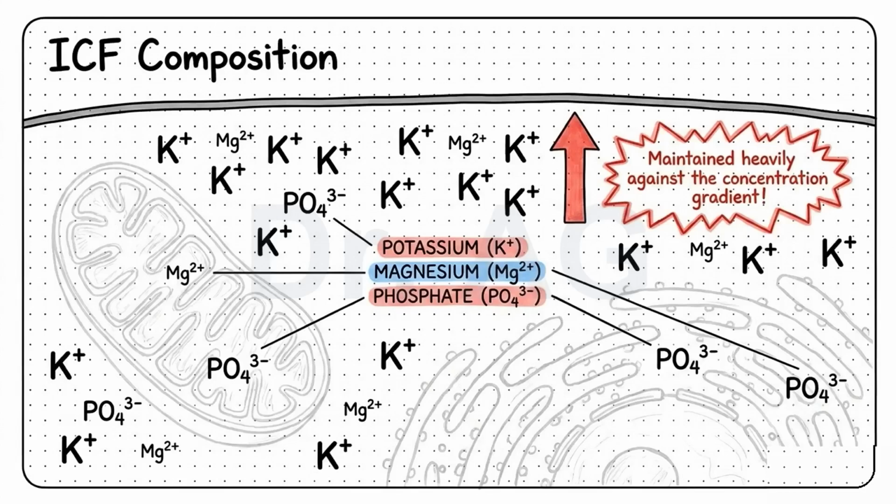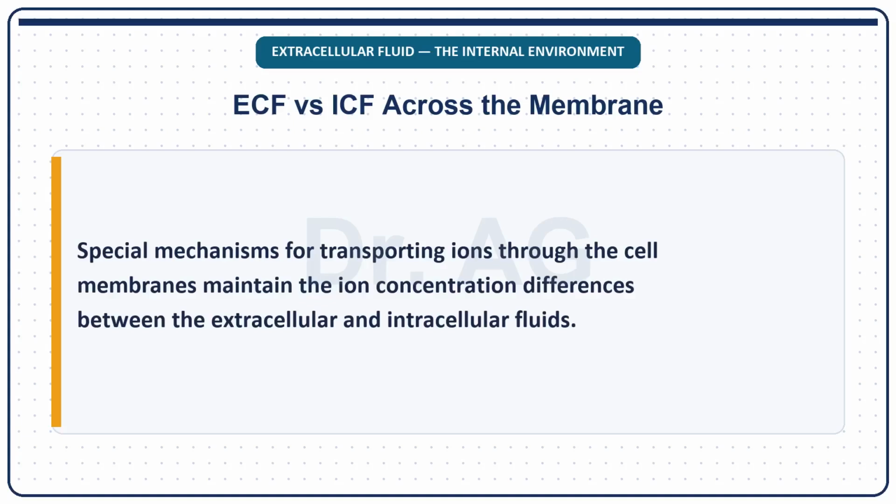Inside the cell, it's the opposite. The intracellular fluid is high in potassium, magnesium, and phosphate. These are held high, against their concentration gradient. Special mechanisms for transporting ions through the cell membranes maintain the ion concentration differences between the extracellular and intracellular fluids.